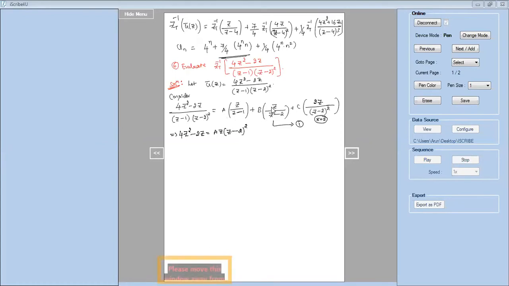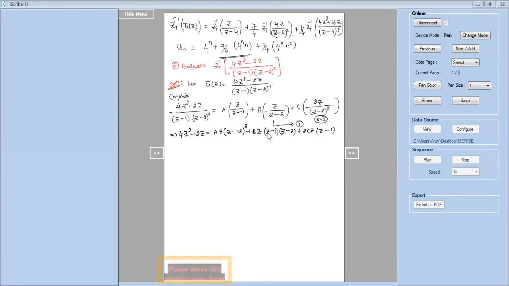Now here plus Bz into, see this, one (z − 2) term cancels with this. So what is remaining here? (z − 1)(z − 2). And coming to the last term, plus 2Cz into, see, (z − 2)² gets cancelled, you get (z − 1).